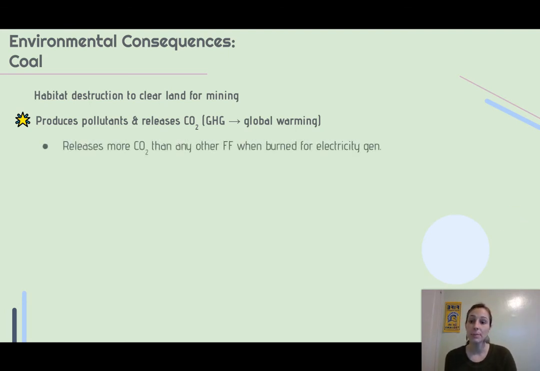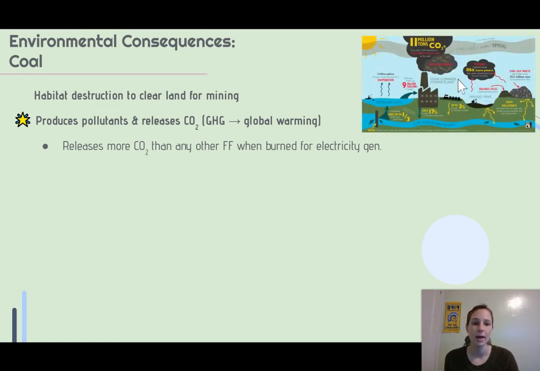So keep in mind when we're talking about carbon dioxide, burning coal is going to release more carbon dioxide than any of our other fossil fuels when it's burned for electricity generation. So this is why using coal for electricity is causing more greenhouse gases and global warming, because it releases more carbon dioxide than any of the other fossil fuels.